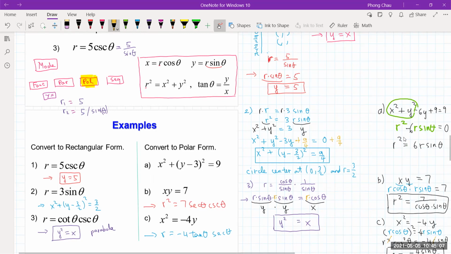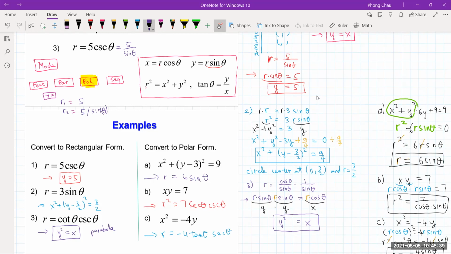And eventually I divide by r on both sides. Then I arrive at the final answer: r equals 6 sine theta. Okay, so that'll be our answer for that one. r equals 6 sine theta.